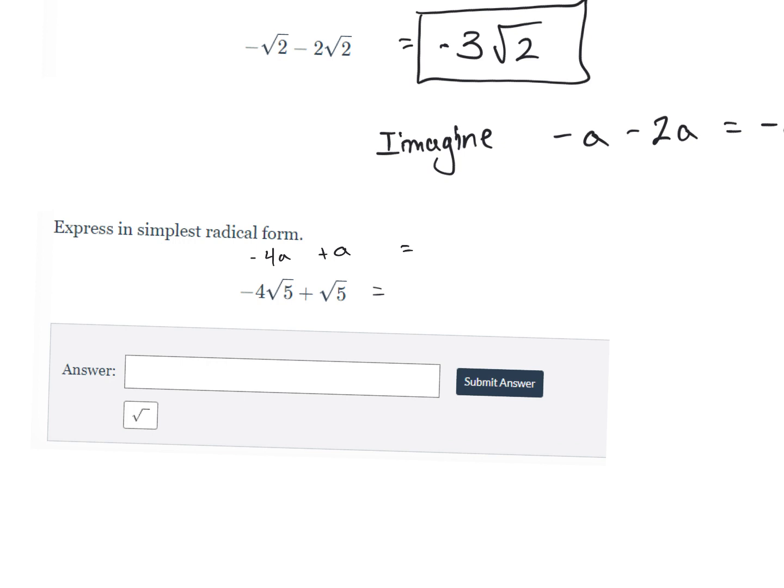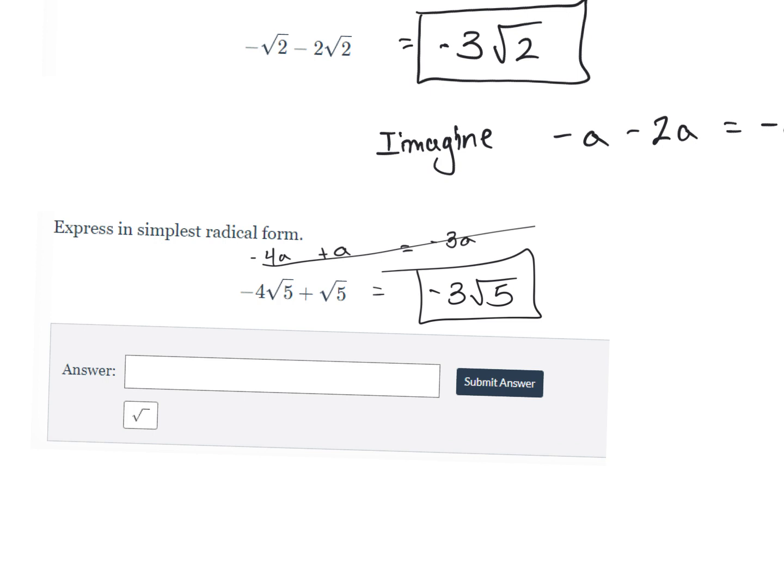Negative 3a? Right, so if you imagine square root of 5 is a, so then just ignore that. But I'm just trying to relate to the same process. So this answer is negative 3 square root of 5, okay? Square root of 5 is like the variable, and we're just combining like terms.